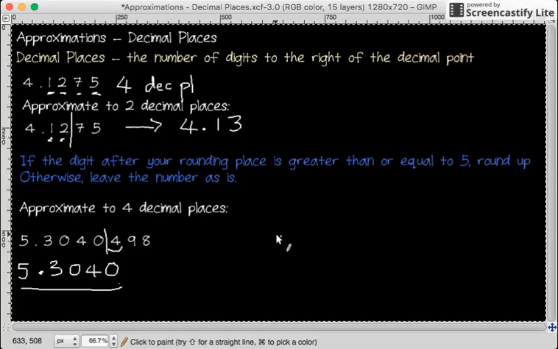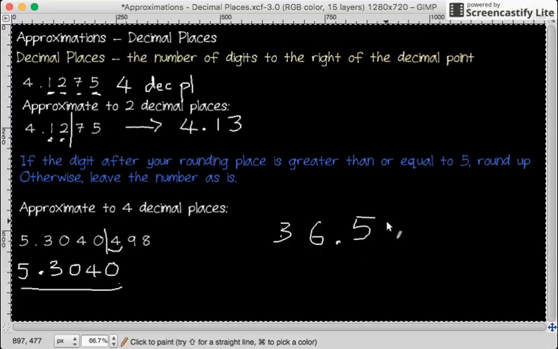Let's try one more. We're going to round this one to 1 decimal place, and I'm going to give you 36.551. Just to 1 decimal place.